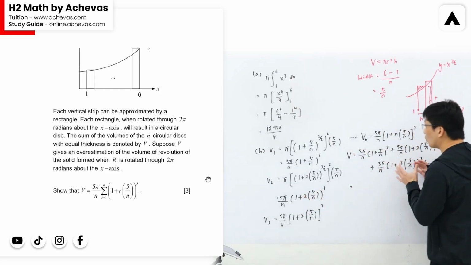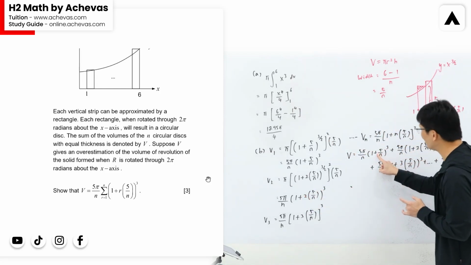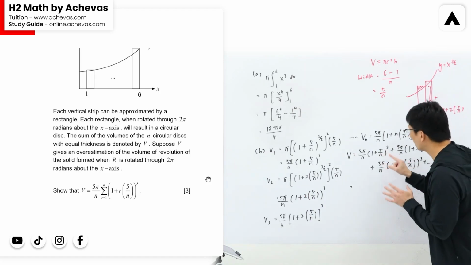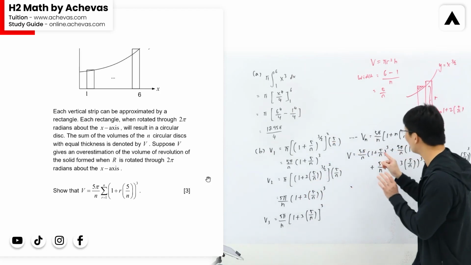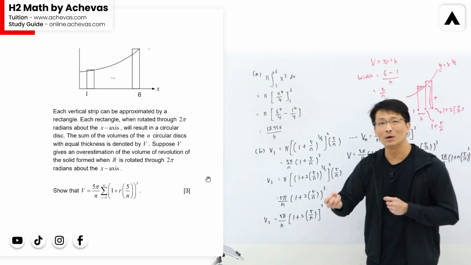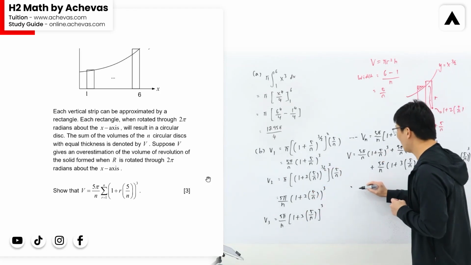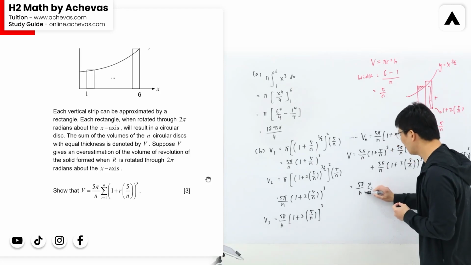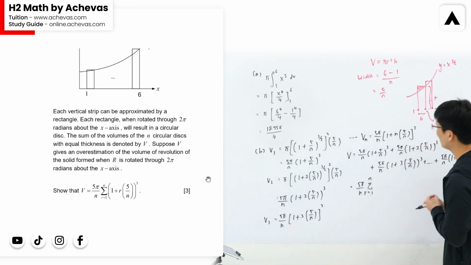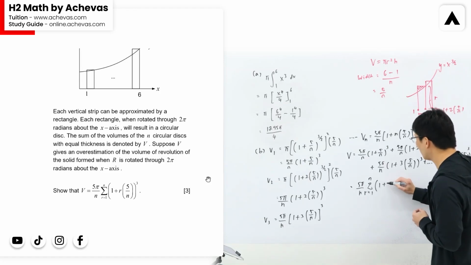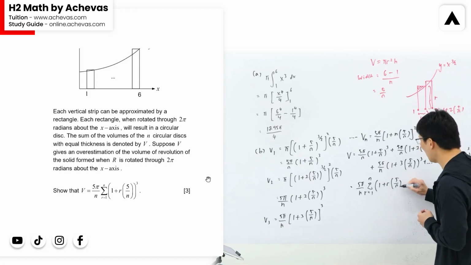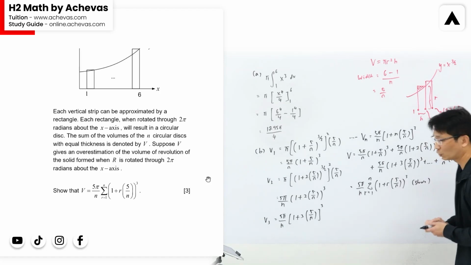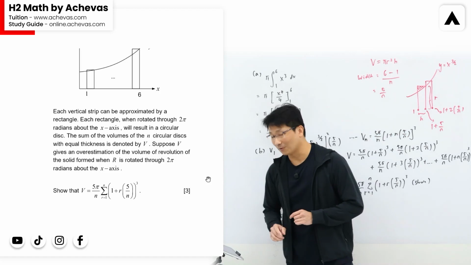The one that is changing is this value here, 1, 2, 3, all the way until n. So we can condense this into a summation and replace the one that is changing with a variable r. I can rewrite this as 5 pi over n, which is a constant, summation from r equal to 1 to n, and this will be 1 plus r times 5 over n to the power of 3. And this is the result I need to show in part B of this question.